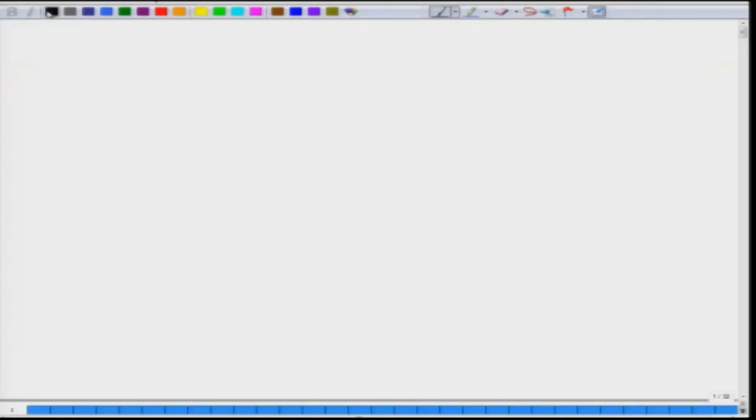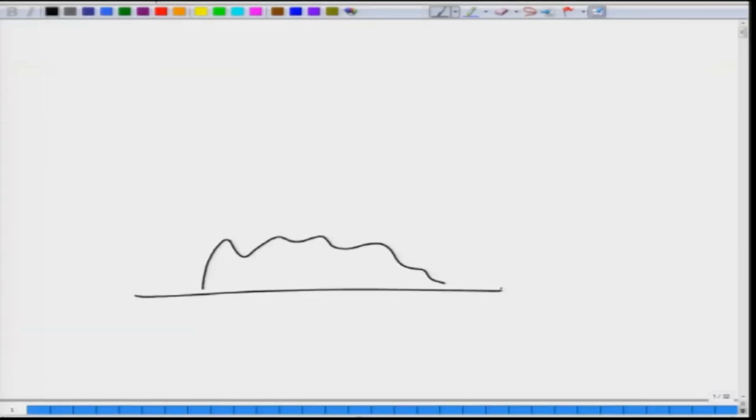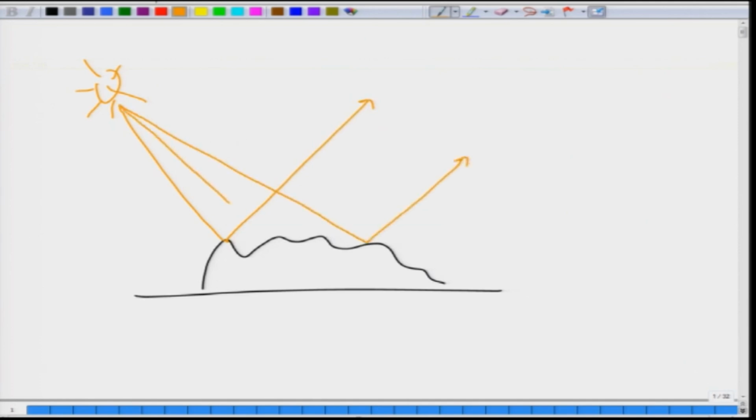So, you have a situation in which you have certain objects here on the surface of the earth and you are taking different photographs. So, let us say that here you have the sun. So, the sunlight is getting reflected from different objects and you are taking different photographs. So, you take a photograph 1, 2, 3 and so on, and you are making use of all these photographs to figure out how these different points on the surface are located.